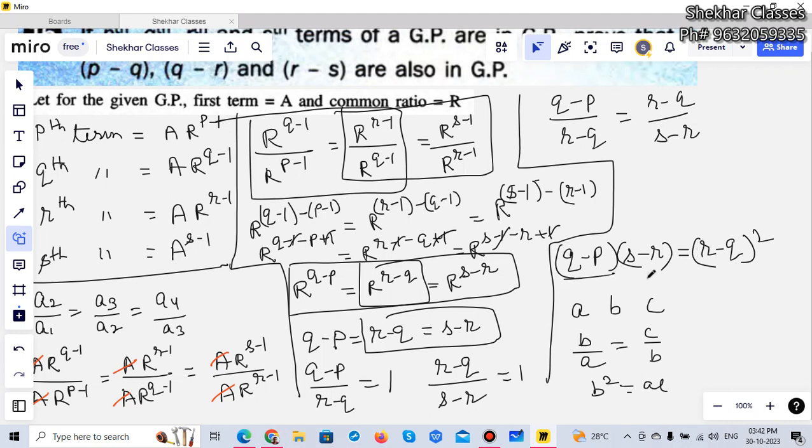This is at the place of A, this is at the place of C, and this is at the place of B here, right? So can we not say that these three terms are in GP?